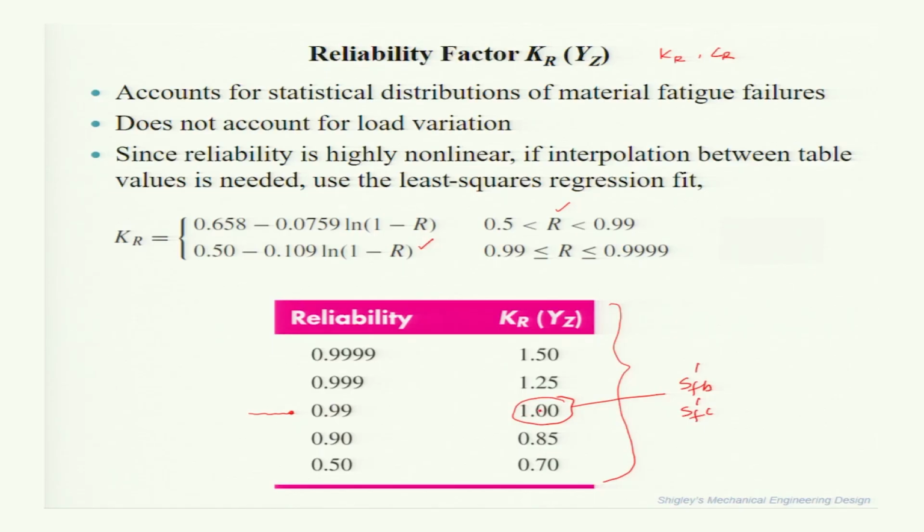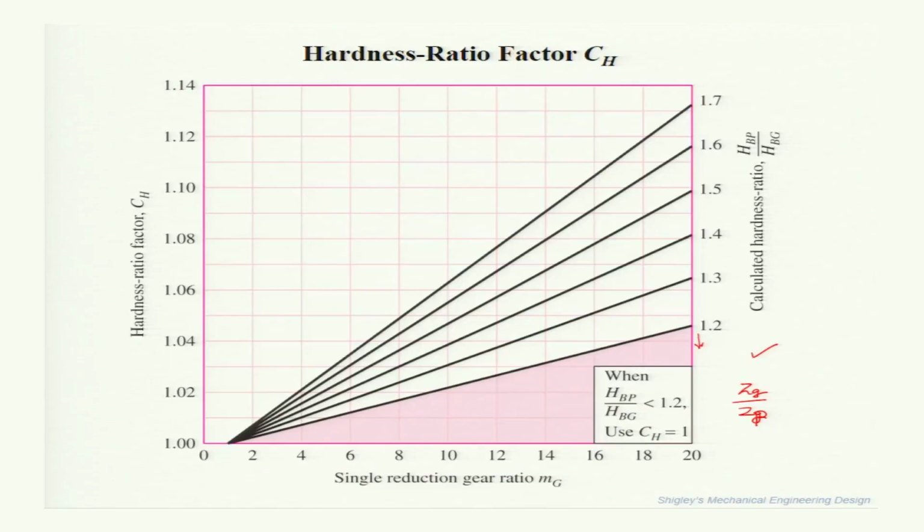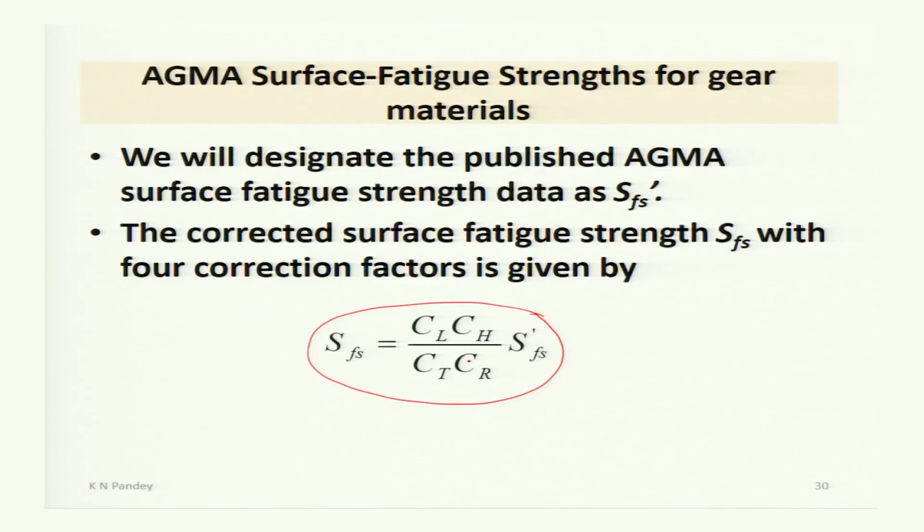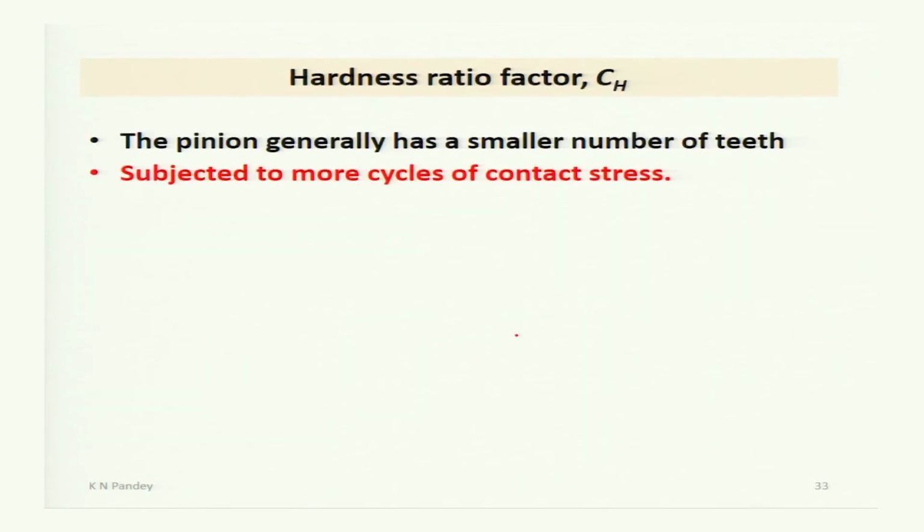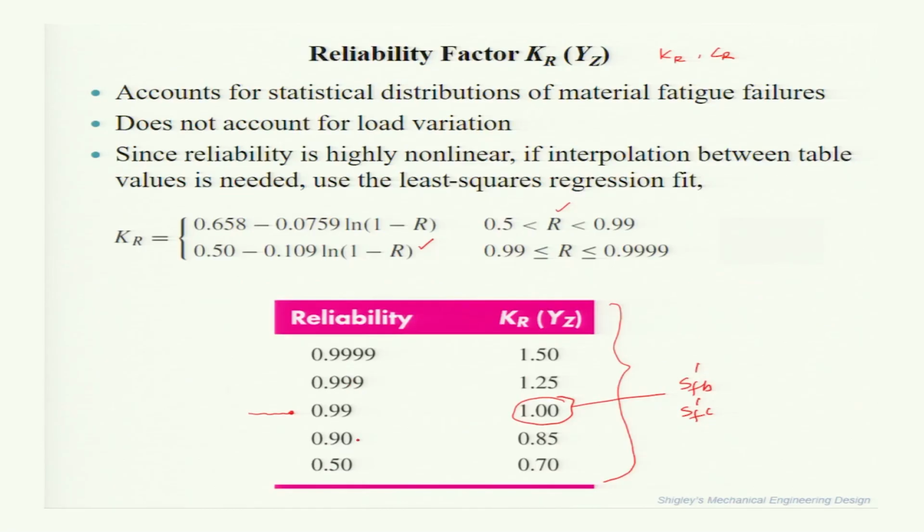But if you want reliability more than this, then this KR has a bigger value. Why? Because you see, CR or KR is here. So if it is more, then it will reduce this value. If it is lesser, then it will increase the value. So that is shown here, okay, like that.